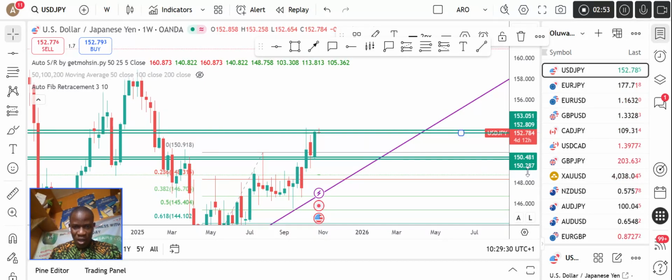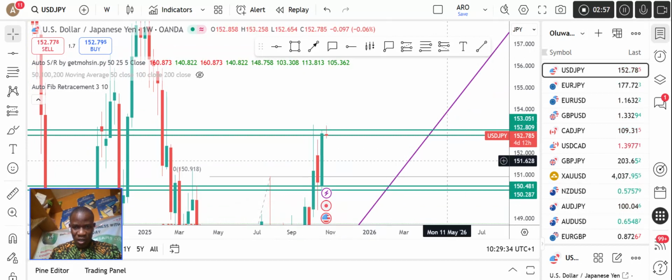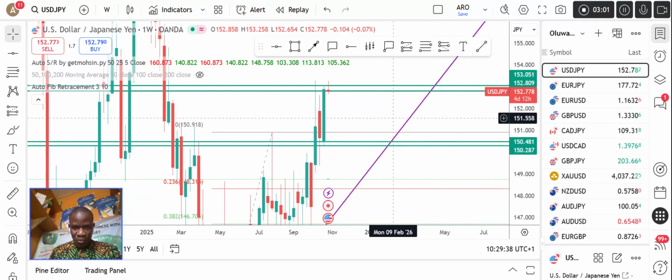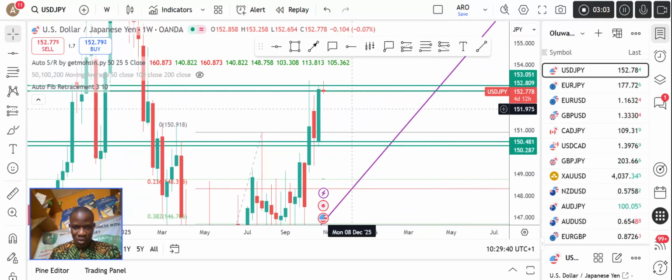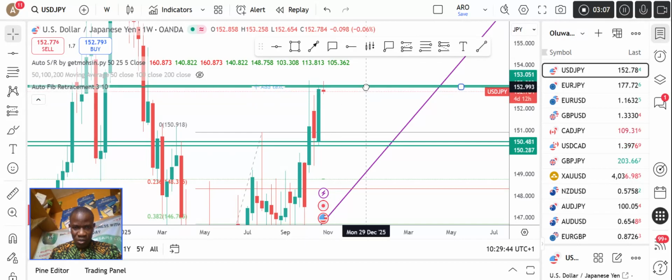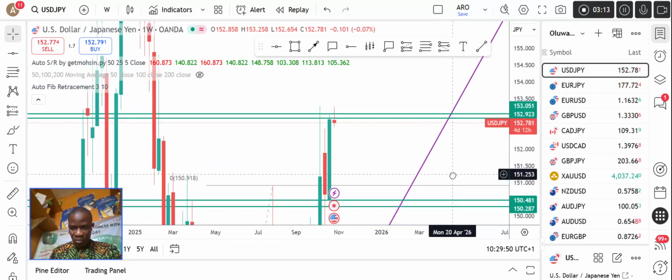I'm still going to adjust this so that it fits the candlestick. So that's the extent of the market for last week.